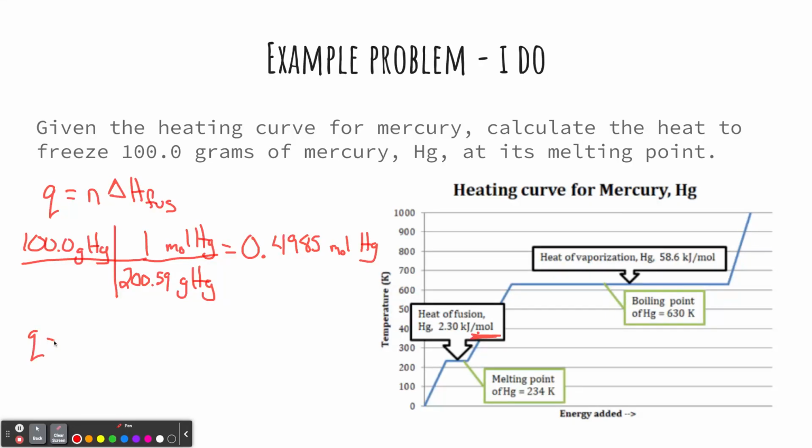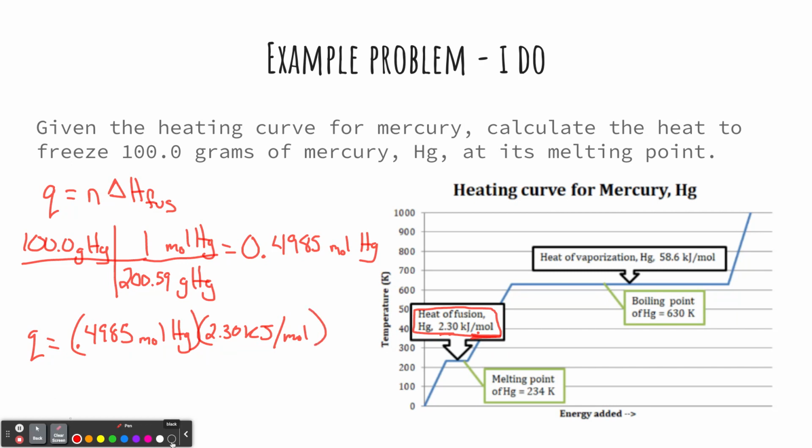So Q equals 0.4985 moles of mercury times our heat of fusion, which is delta H, which is right here, guys, 2.30 kilojoules per mole.